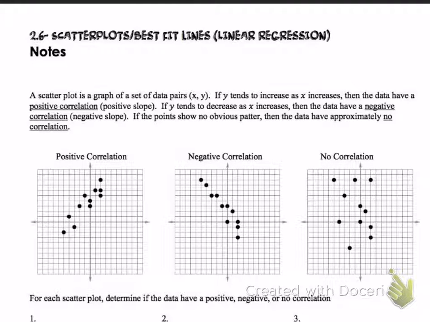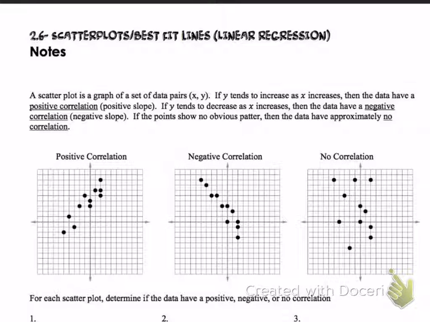If you take AP Stats with me, then you'll learn a lot about scatter plots, but we're just going to talk about them for a short amount of time. What it means to have a correlation is, when you hear that something is correlated, that means they have a relationship or an association with each other. A positive correlation could be your height and your weight. The taller that you are, the more that you weigh.